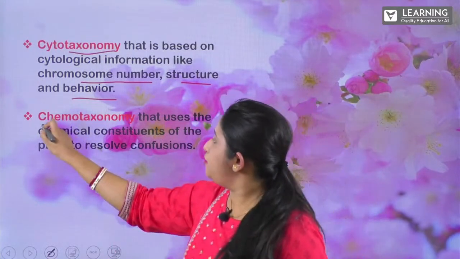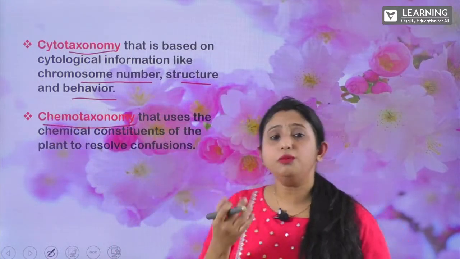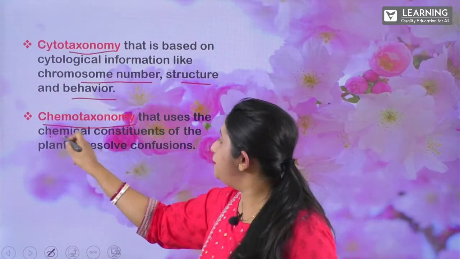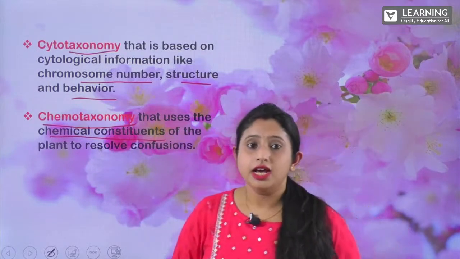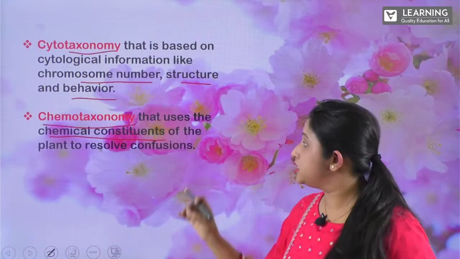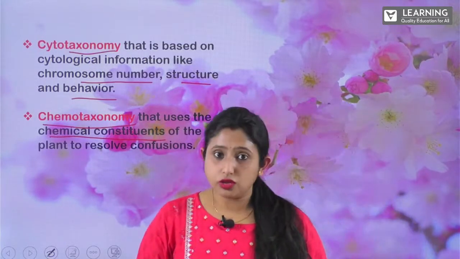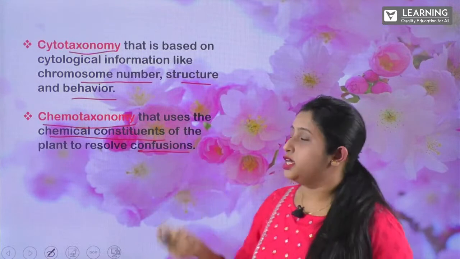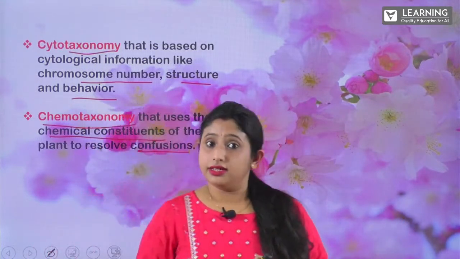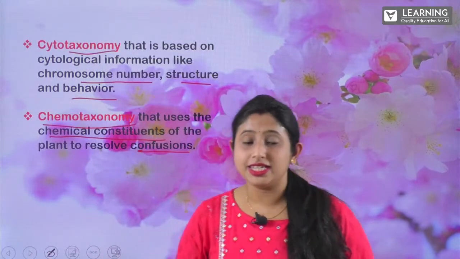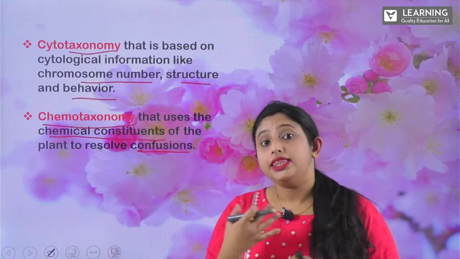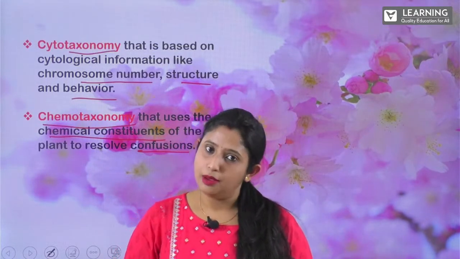Next is chemotaxonomy. What do you mean by chemotaxonomy? It is nothing but the chemical constituents. It uses the chemical constituents of the plant to resolve confusion. So what can we do? We can analyze the chemical composition of the plants and find out which category that particular plant belongs to.